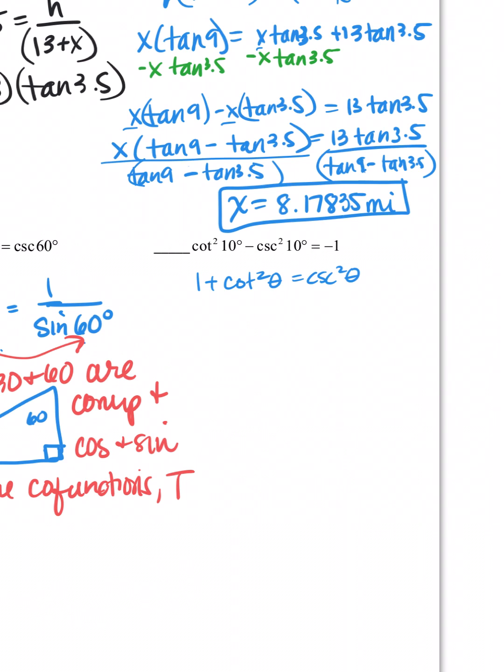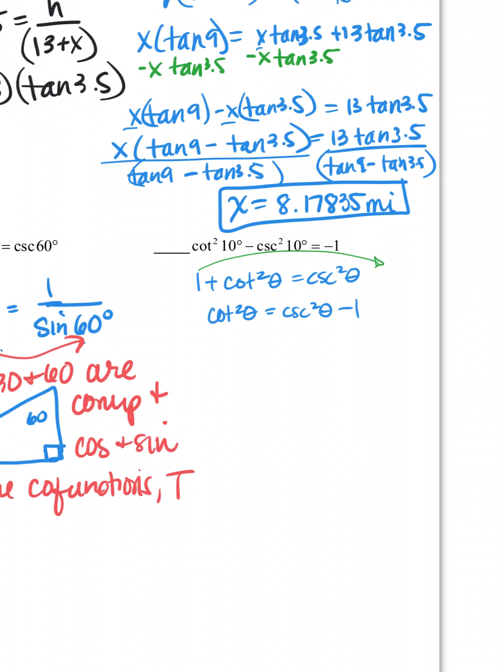Just think of it, instead of theta, we're using 10. Those are replaceable. It's just the angle. But let's see if we can figure out this relationship to get a -1 on one side. So if I want a -1, I'd move the 1 over here, wouldn't I? So then I would have cotangent squared theta equals cosecant squared theta minus 1.